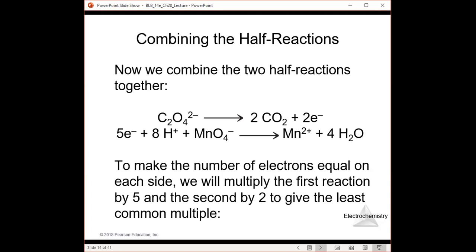Somewhat, but not necessarily. So what we're going to do is we're going to take all of them and we're going to set it all together. And what we're going to do to make the number of electrons equal on each side, we need to multiply the first reaction by 5 and the second reaction by 2 to give the least common multiple. So that's what you're doing.